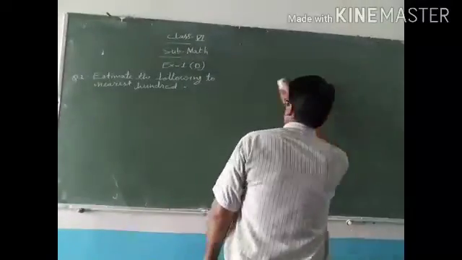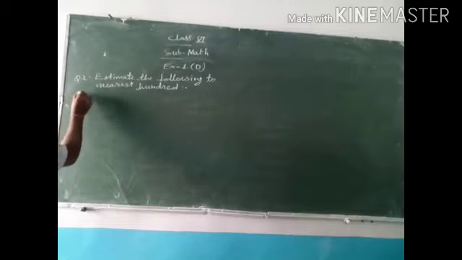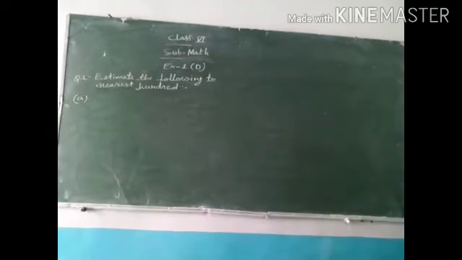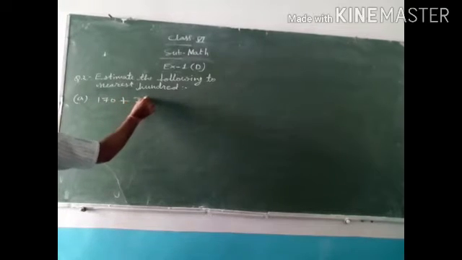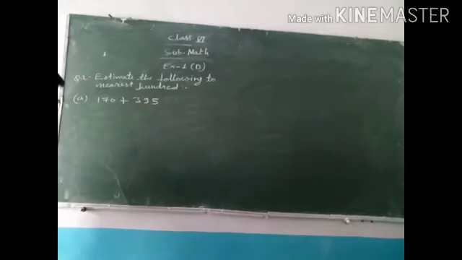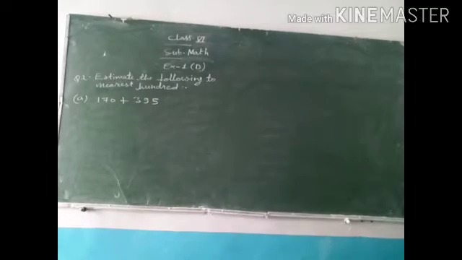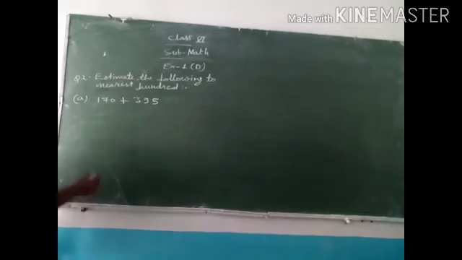Estimate the following to the nearest 100. First part, that is 170 plus 395.